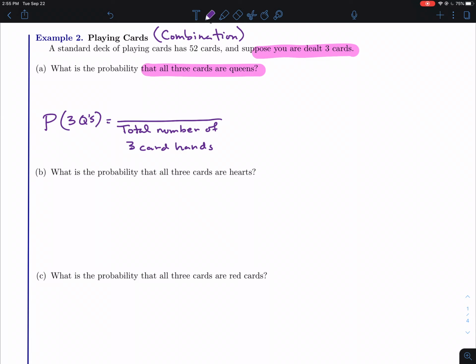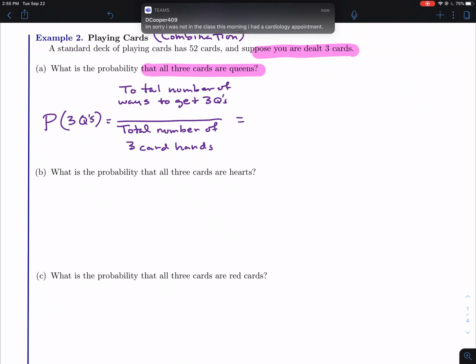The top is going to be our restriction, because in this case we want to make sure that it only involves queens. We want our hand to just contain queens. So the top is the total number of ways to get 3 queens. Again, I'm going to focus on the bottom first because it's usually the easier thing to do.